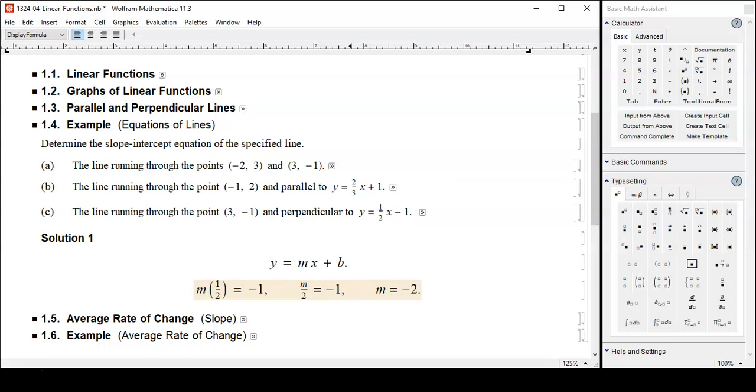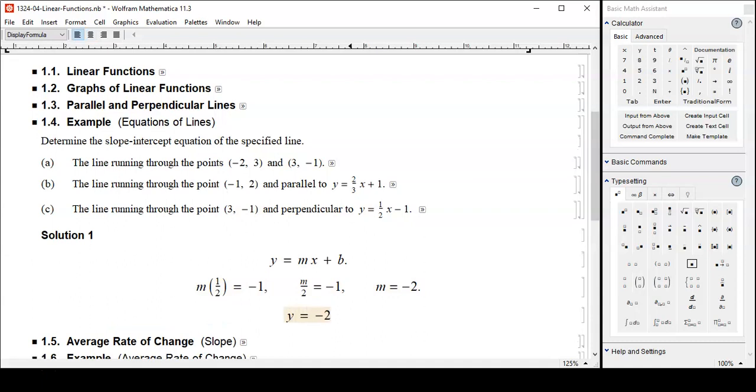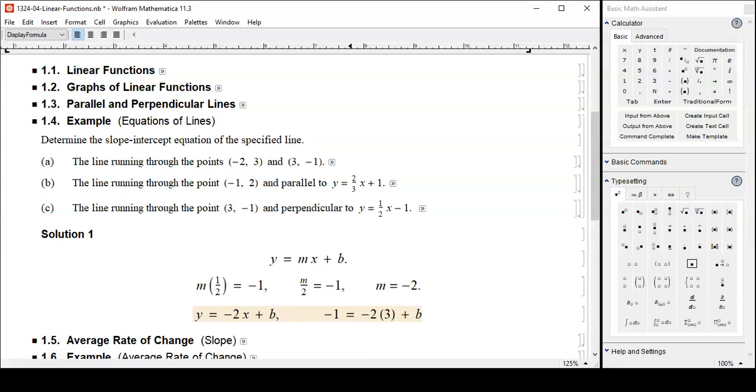Okay, so what do we have? We have y equals -2x plus b, all right? And then that's running through the point 3, -1. So -1 equals -2 times 3 plus b. From here I can find out b.